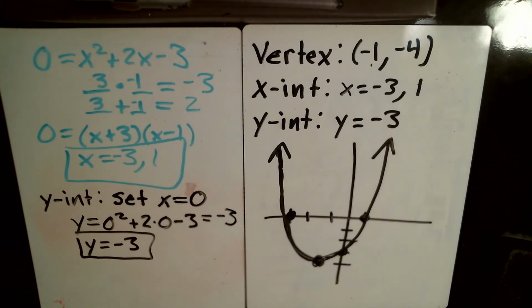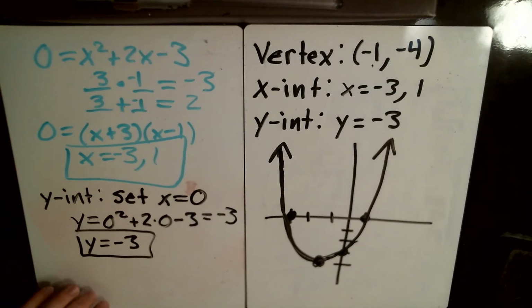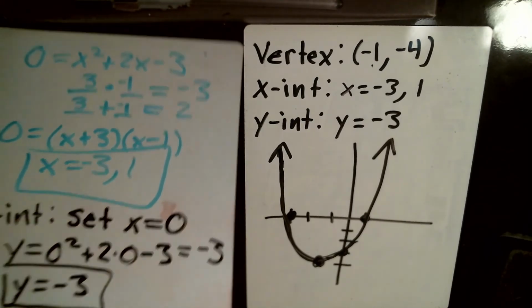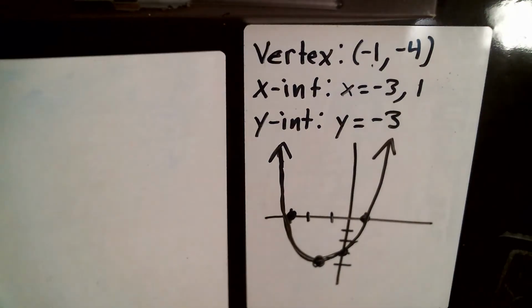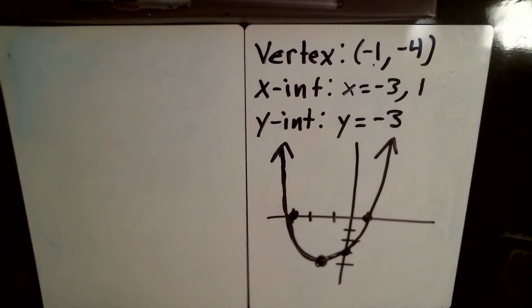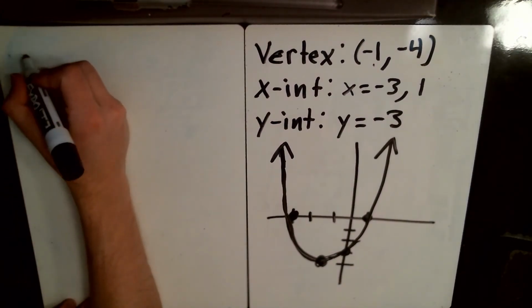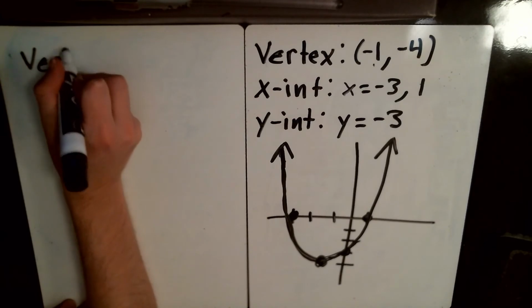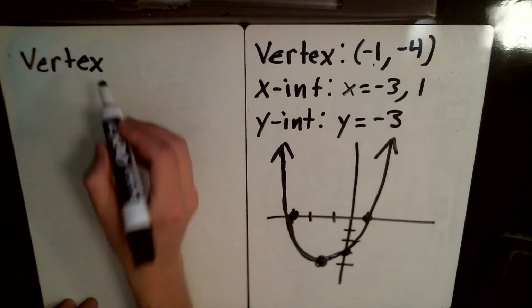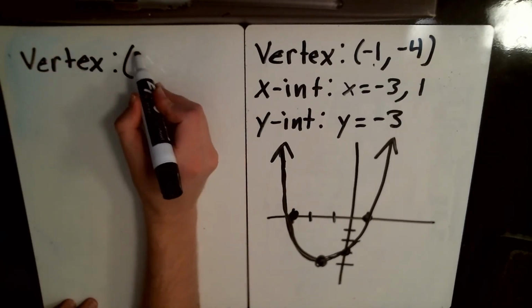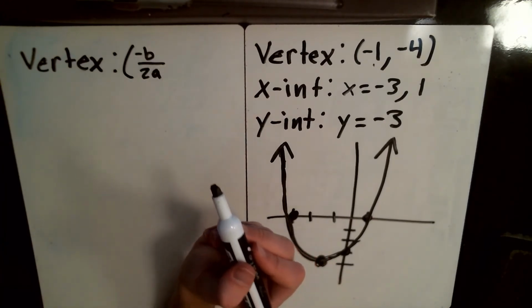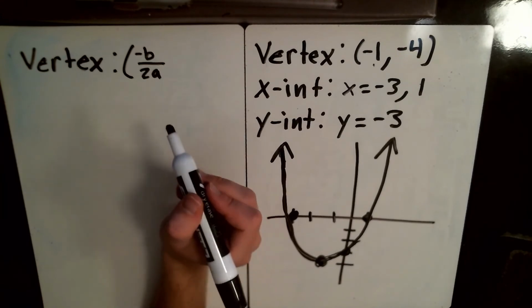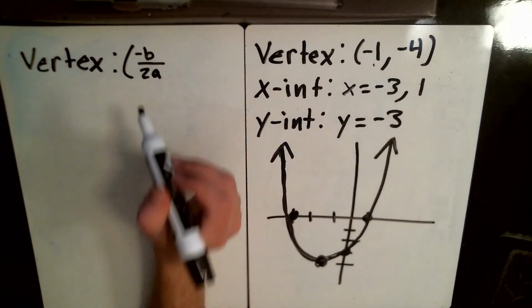So let's just review again how we find all the pieces that we use to actually make this graph. How was it that we found all these pieces? To find the vertex, the vertex is always your -b over 2a, unless it's already in vertex form where you can just see the vertex immediately.